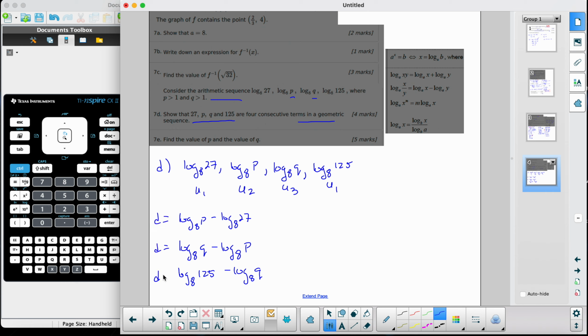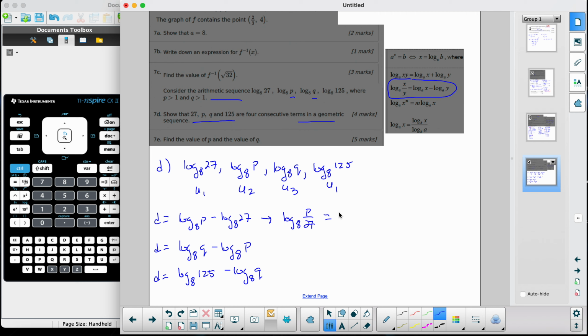That's the key here. Okay, so now I'm going to rewrite these to make it a little easier using this rule here, difference of logs, as log base 8 of P over 27. And I'm just going to make them equal right now.